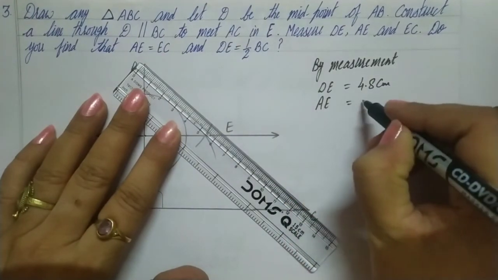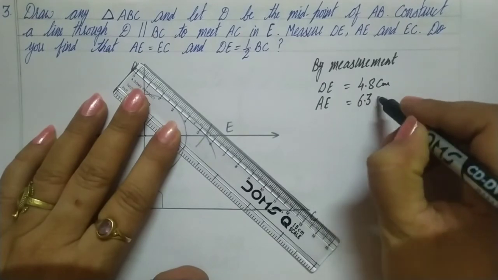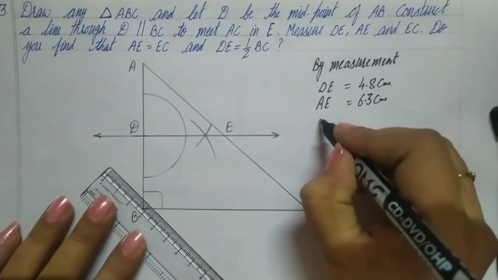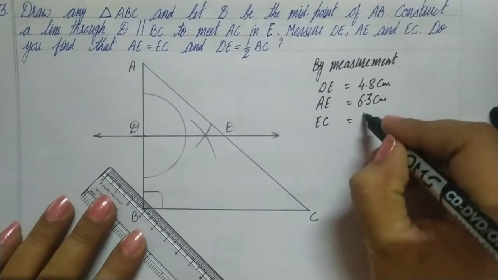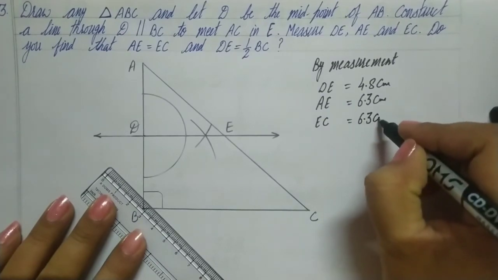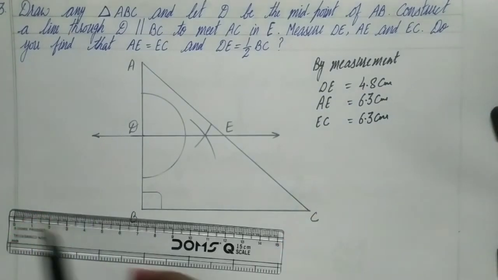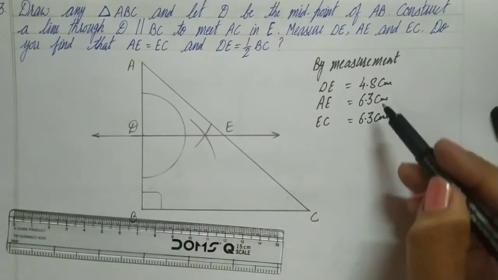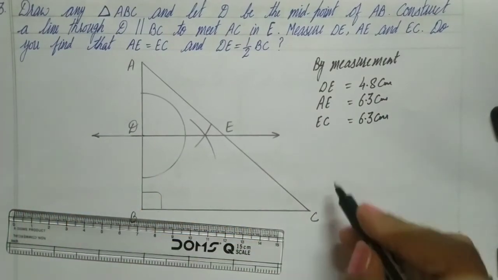AE is equal to 6.3 centimeter and EC also measures 6.3 centimeter. Do you find that AE is equal to EC?